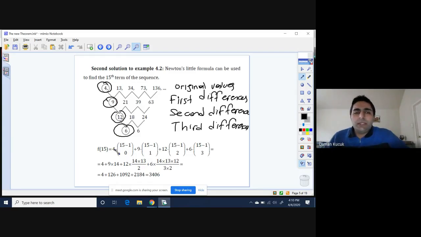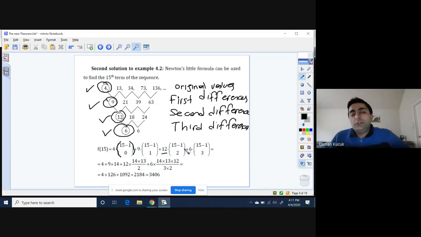So we multiply 4 by 15 minus 1 combination of 0 plus 9 times 15 minus 1 combination of 1 plus 12 times 15 minus 1 combinations of 2 plus 6 times 15 minus 1 combinations of 3.